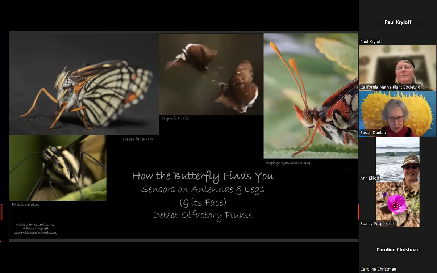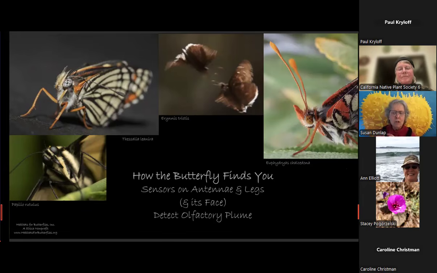So once they find your habitat with this flowering nectar plant, they'll look for host plants. They say, okay, this is a great place for us to feed. Now, is it also a great place for us to lay eggs? Well, here's the thing. Not to worry if the host plant is not in bloom, because the butterfly will locate a host plant, land on it, and then tap her feet to expose the plant's chemistry.